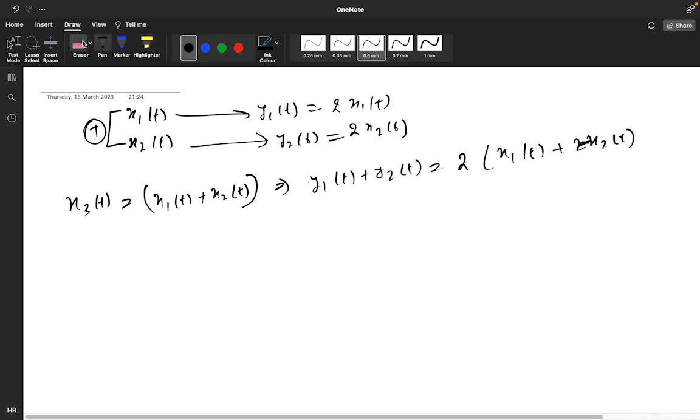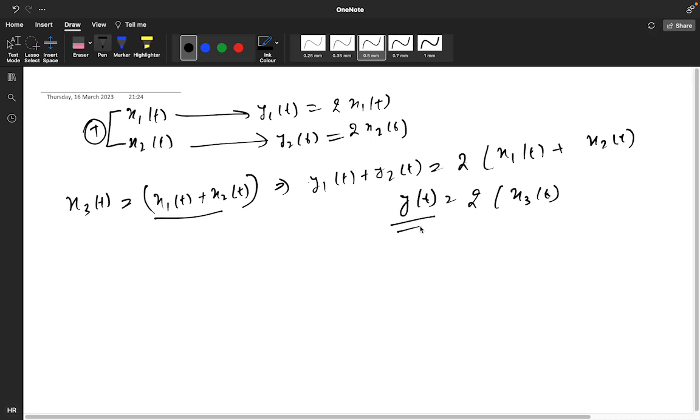This 2 is common, so 2 times x1 of t plus x2 of t. This is your x3 of t, and this is your y3 of t. So you are getting the same thing. If you add two different inputs and you get the same function as your output, that means your system is additive, which means the homogeneity principle is applicable.